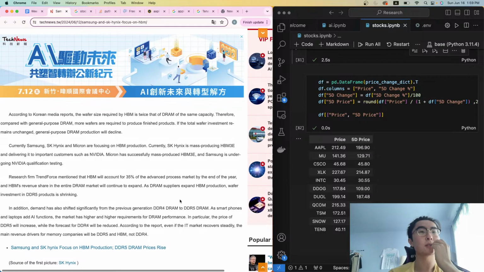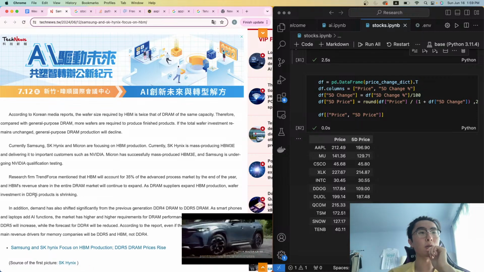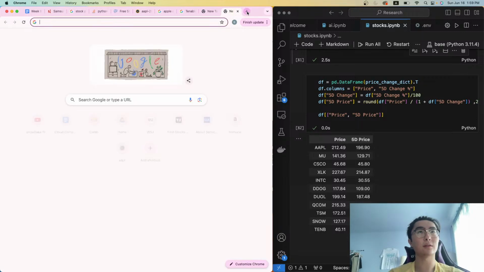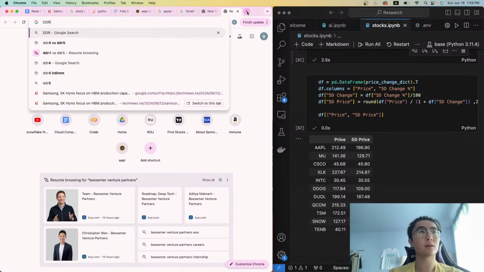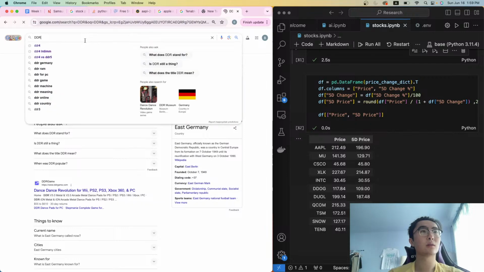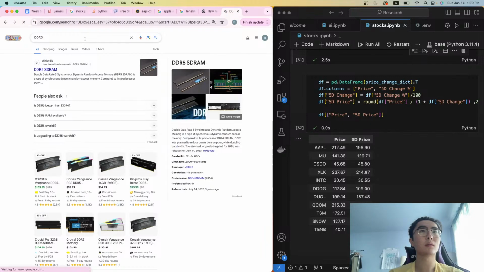You know, this is interesting because I thought high bandwidth memory utilizes the double data rate 5, right? So DDR, I think, is double data rate synchronous DRAM, SDRAM.